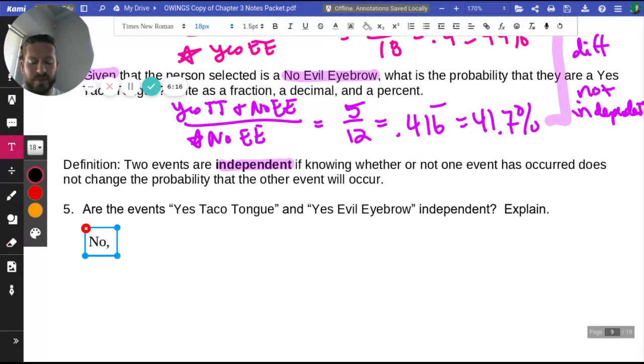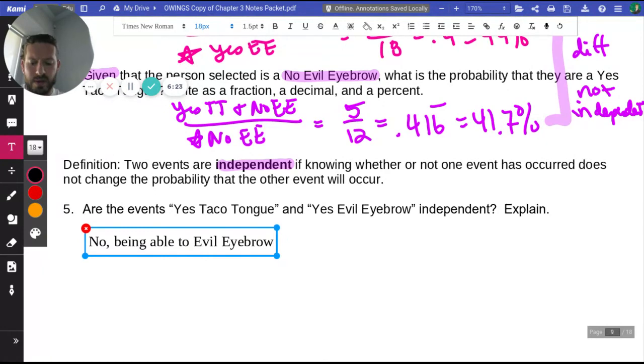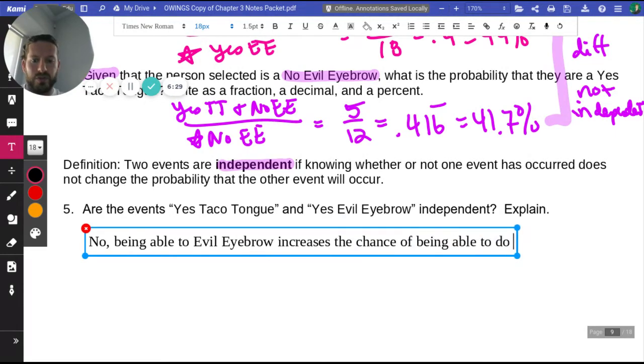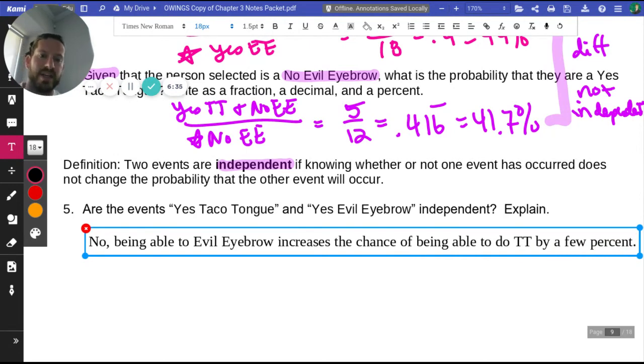So no, being able to do evil eyebrow increases the chance of being able to do taco tongue by a few percent. And that's just this class's data. So maybe another class it'll be exactly the same, maybe another class will be completely different, and then we'll probably know that's not independent at all if it's completely different.